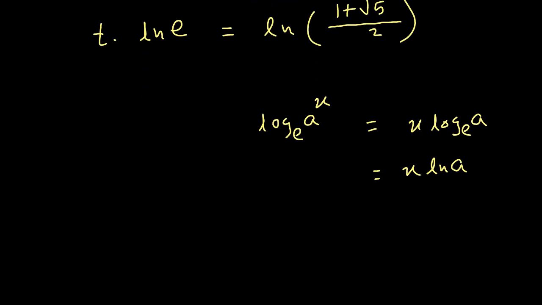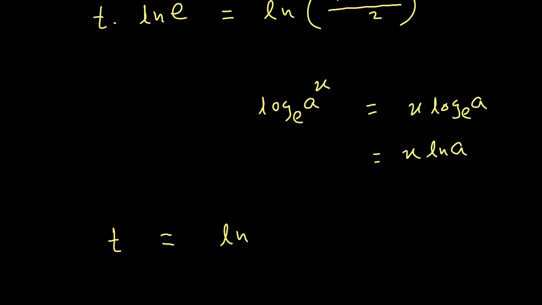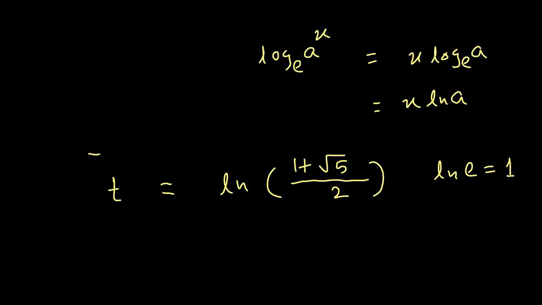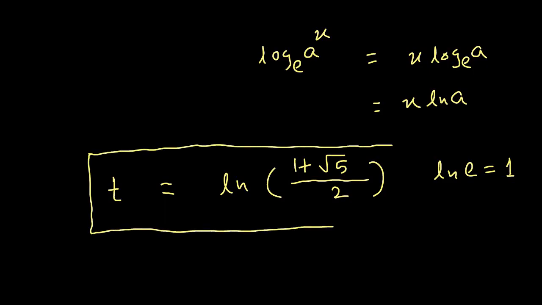Again, we know ln e or log base e of e produces a result of 1, so we have t equals ln of (1 plus square root of 5 by 2), since ln e equals 1. So this is the value of t. So this is the solution for our given equation.